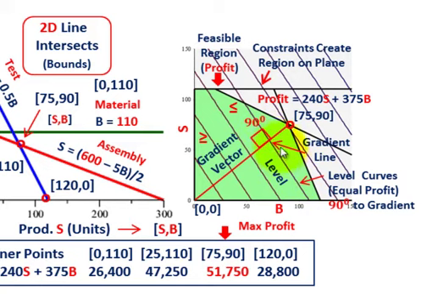This gradient vector line is important because if you take any point on that vector line and draw a line 90 degrees to it, any point on that perpendicular line is really apportioning your B and S products differently.